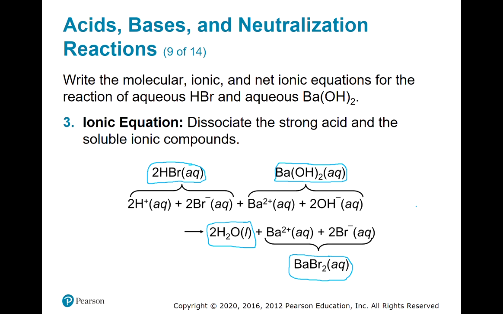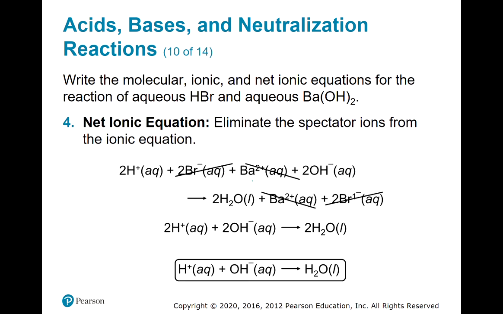If we go through and apply all the same rules as before, you should find that both barium and bromide ions are going to be spectator ions. We have 1 dissociated barium on both sides and 2 dissociated bromides on both sides. And so we can cancel those, and that just leaves us with this equation right here.